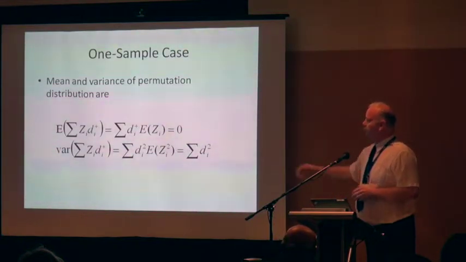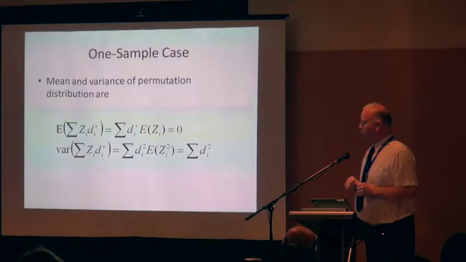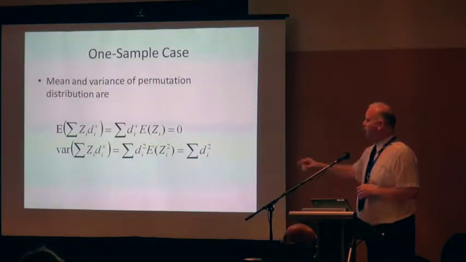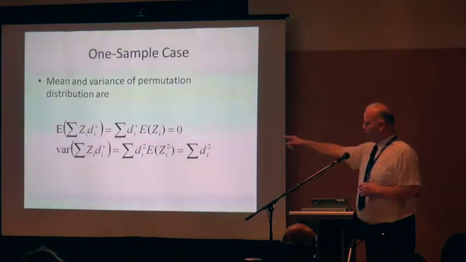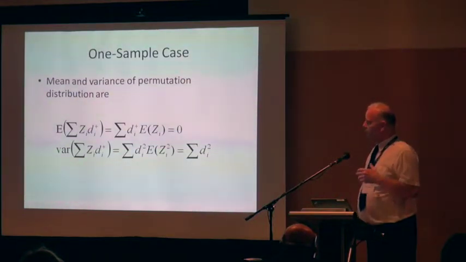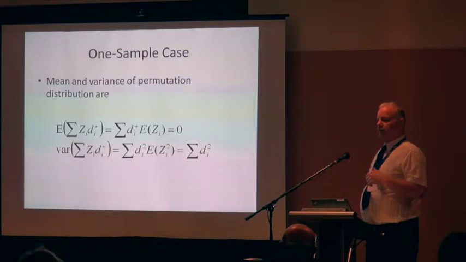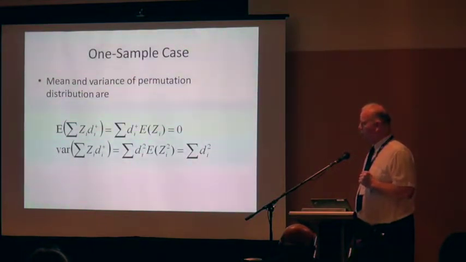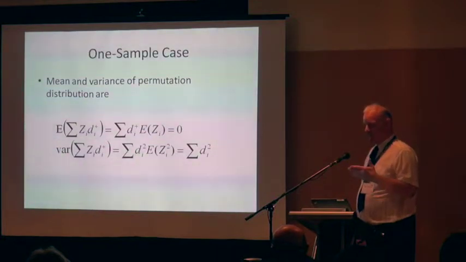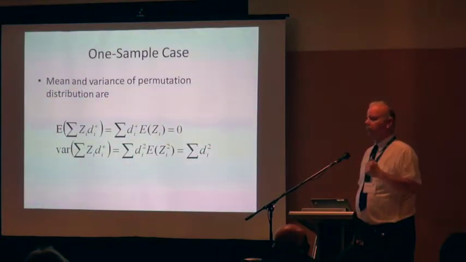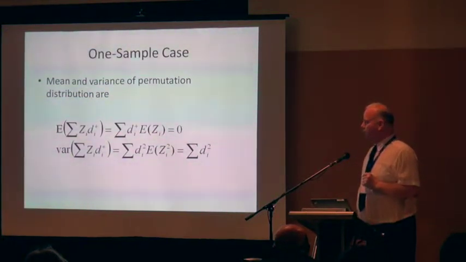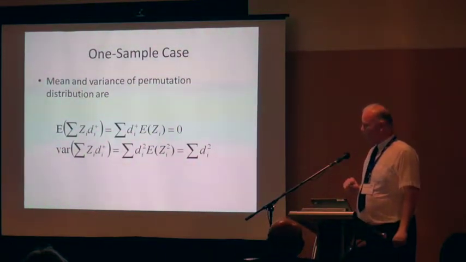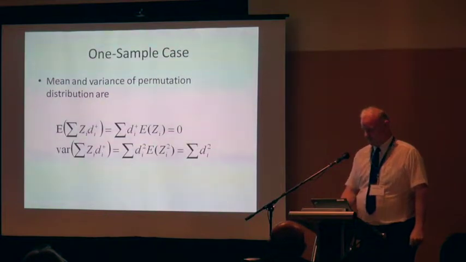And for the variance, the D_i plus gets squared, so we get the sum of D_i squared times the variance of Z_i. Variance of Z_i is just its squared expectation because it has mean 0. And Z_i squared, remember I'm using plus or minus 1 to indicate treatment and control, so Z_i squared is just 1. So we get the sum of the D_i squareds for the variance of that permutation distribution.